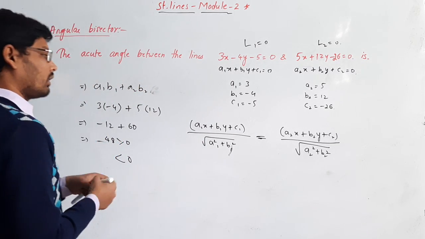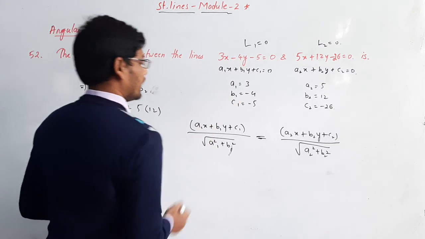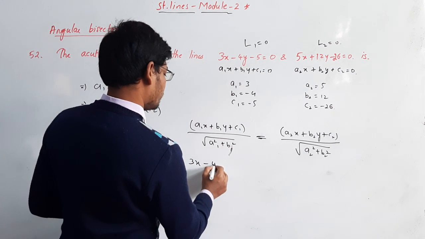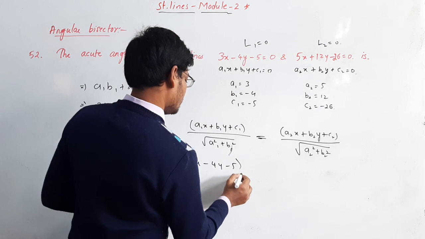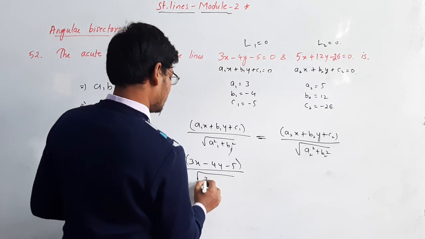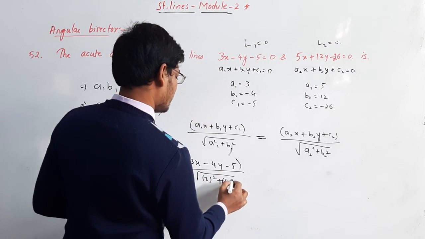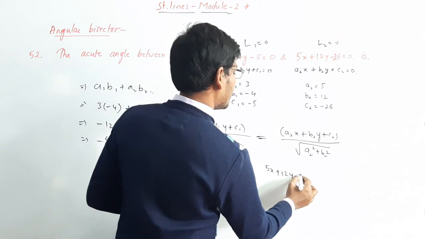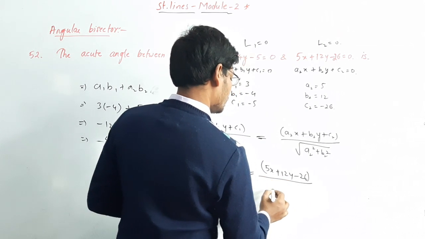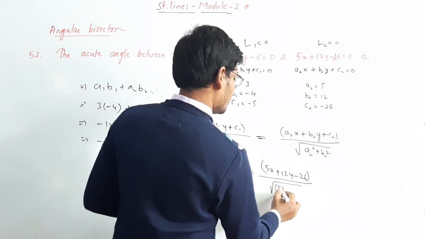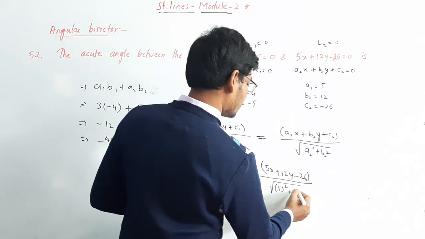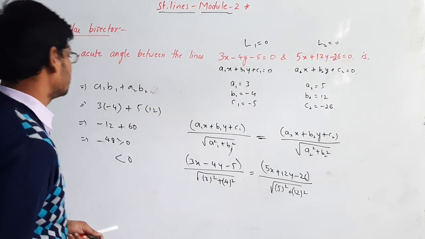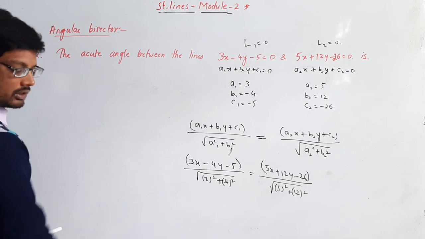So let's substitute all the values here. This is the formula. (3x minus 4y minus 5) divided by square root of 3 square plus minus 4 square is equal to (5x plus 12y minus 26) divided by square root of 5 square plus 12 square. If you solve this one, I am erasing the condition here.